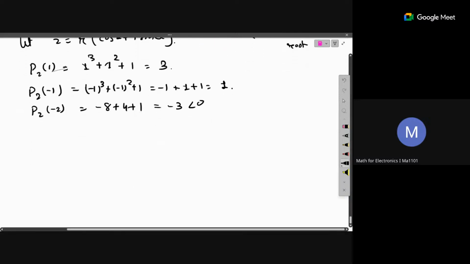Now you are familiar with the intermediate value theorem.